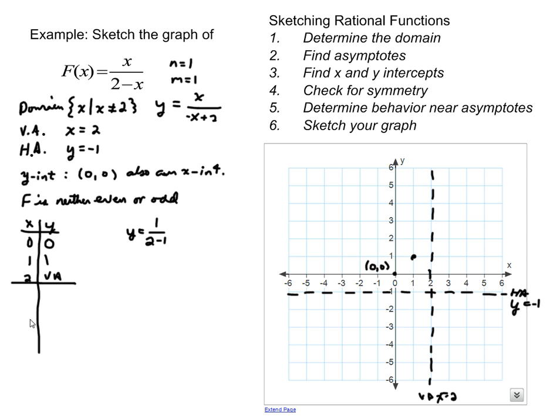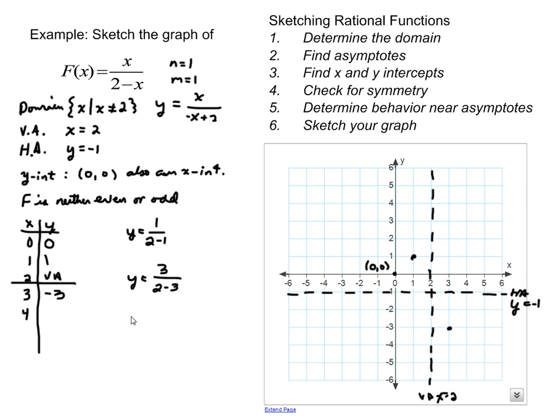But let's go to the right of that, to 3. In this case, y will equal 3 over 2 minus 3, so y would equal negative 3. So we know we're going through (3, -3). Interesting. And what happens at 4?